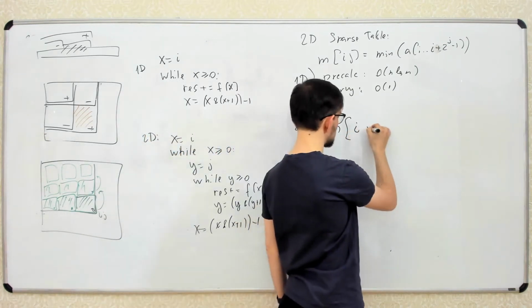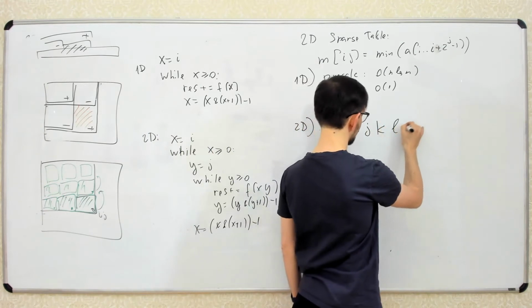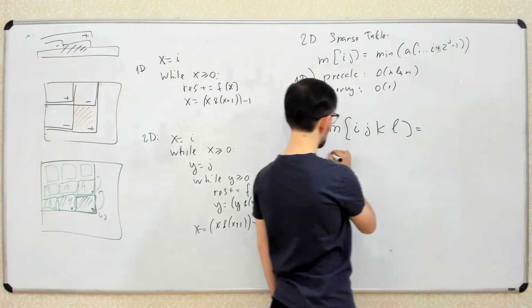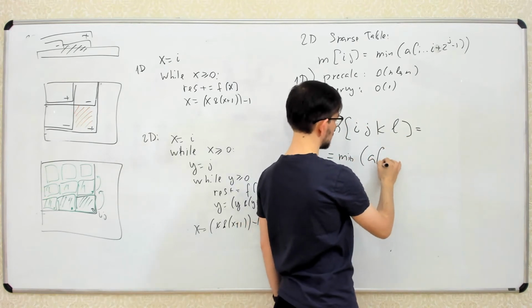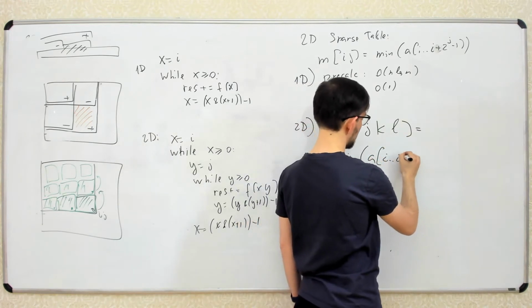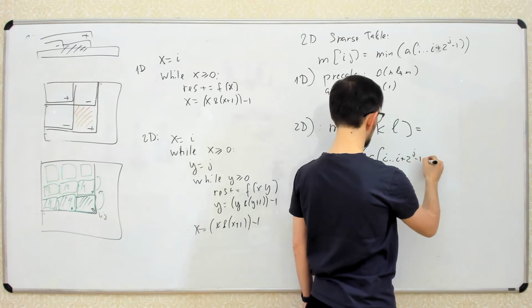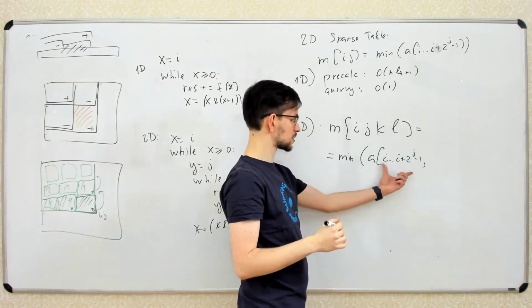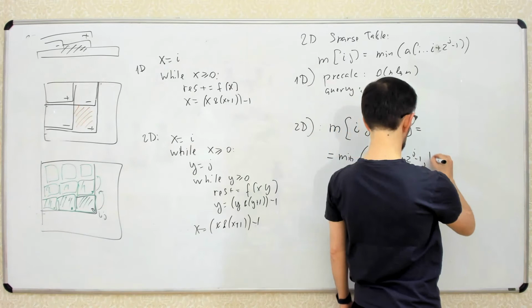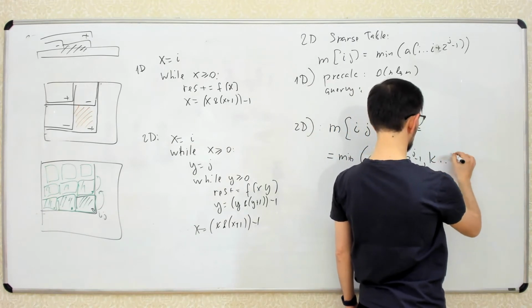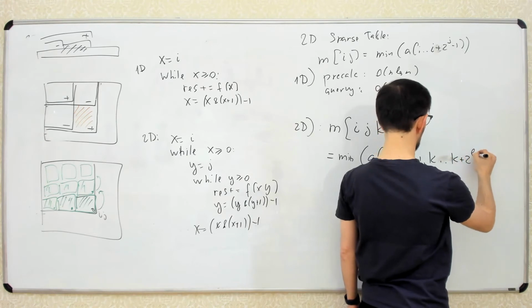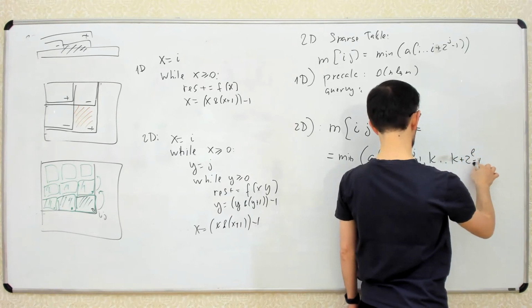Okay, let's have i, j, k, and l. It will be the minimum on a segment from i to i plus 2 power j minus 1 by the first coordinate, and k to k plus 2 power l minus 1 by the second coordinate.